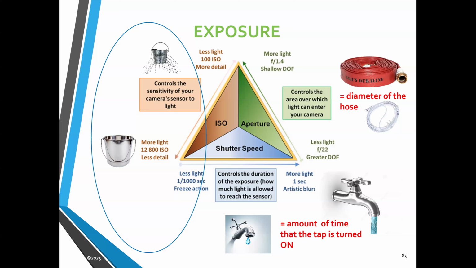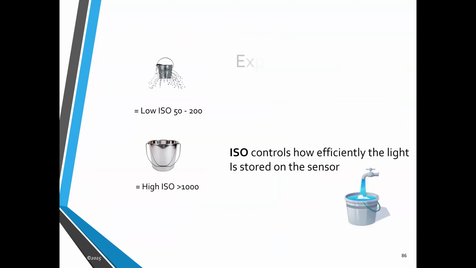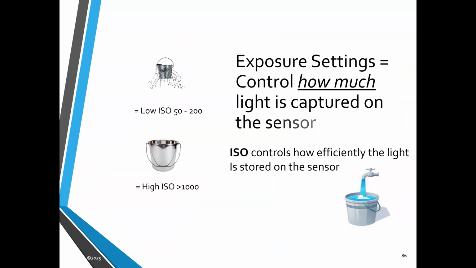And it controls the sensitivity of the sensor that you're capturing this light on. So we talked about the sensor being little buckets that collected photons of light, and the ISO that we set our camera to makes the decision of how efficiently we capture these photons of light. So I made the analogy that a very low ISO, which is what we tend to start with, is like a leaky bucket.